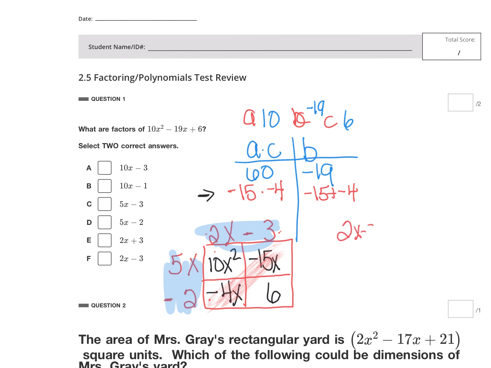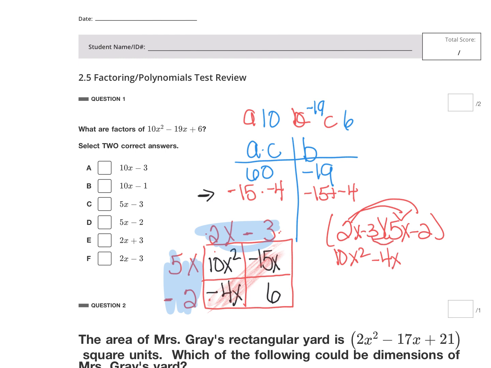Remember, I can take these, and you can either put them back into the box, we're just going to multiply them, or I can FOIL, and I'll FOIL these for you. So I have 2 times 5x is 10x squared, and 2x times negative 2 is negative 4x, and now I'm going to do the inner.